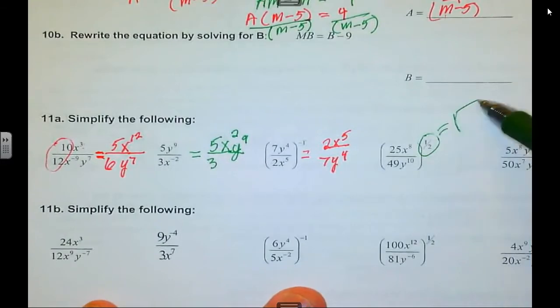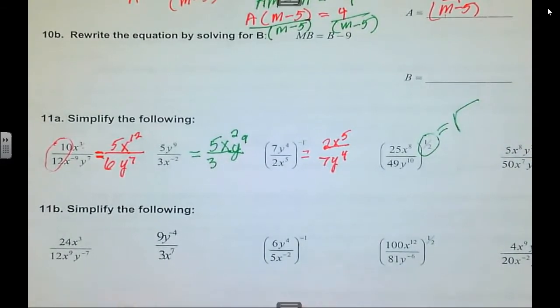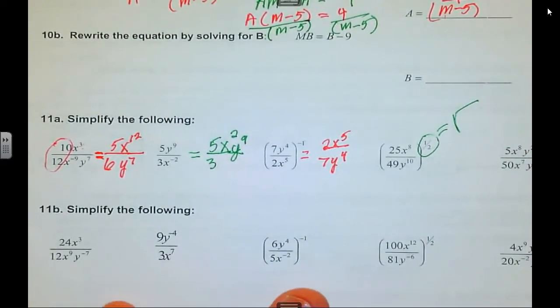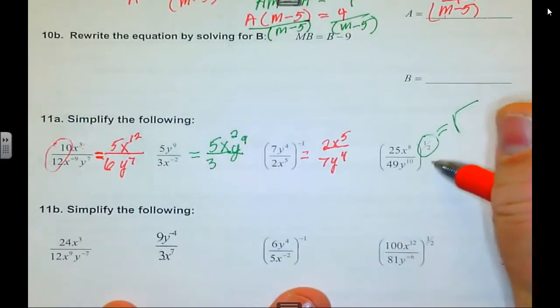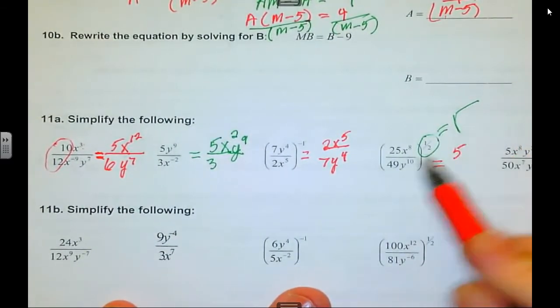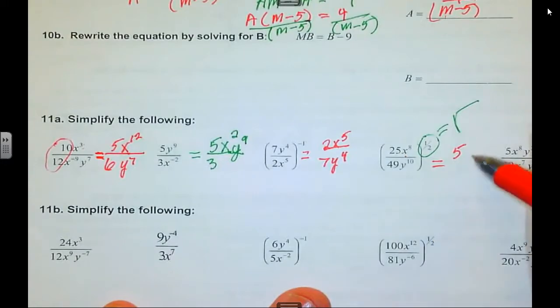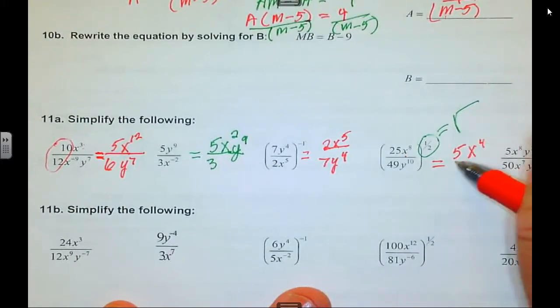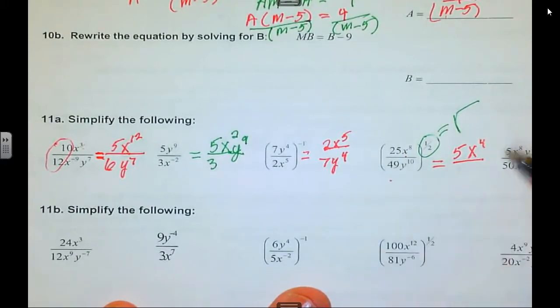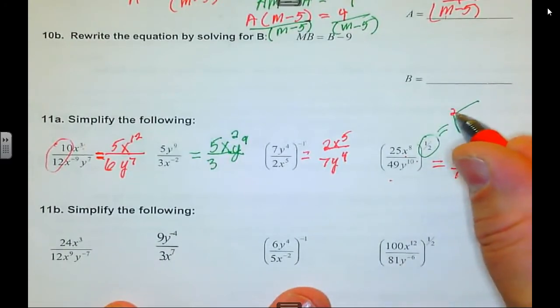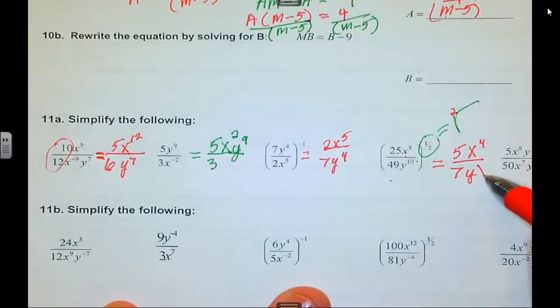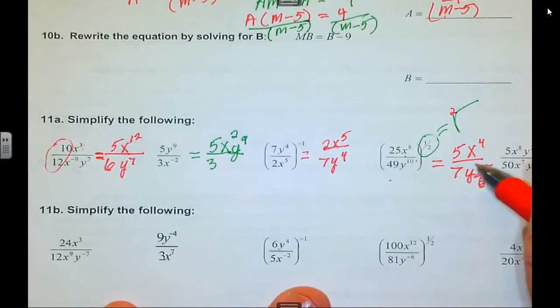1/2, that's the square root. Stop just taking half of 25. You need to take the square root of 25, which is 5. The square root of x to the 8 is x to the 4th, square root of 49 is 7, and 10 divided by 2, because there's a 2 there, y to the 5th.